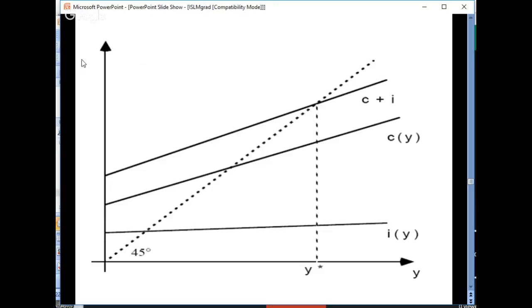In this case, if it was undergrad, it'd be C plus I plus G. So in other words, where national income equals national output is our equilibrium. So here I have C plus I and Y star. This is our equilibrium output and income. Where they cross, that's a Keynesian cross. Here I have C of Y, a positive function, and I have I of Y, also a positive function of Y.